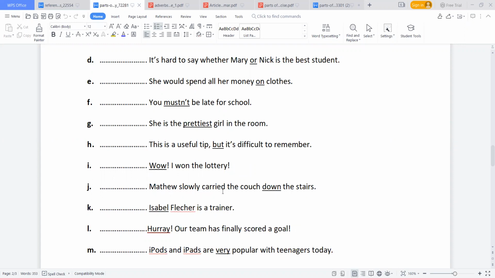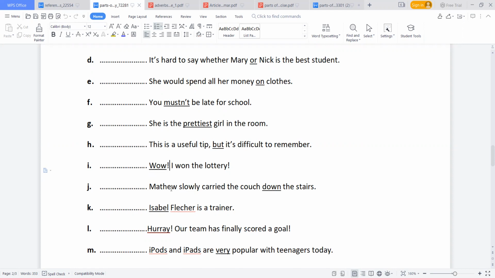Next is J. Matthew slowly carried the couch down the stairs. So down is a verb? No, it's a preposition. What has Matthew done with the couch? Carried. So carried is a verb. How did he carry it? Slowly. The ly word is a describing word. Is it an adjective? No, it's an adverb.